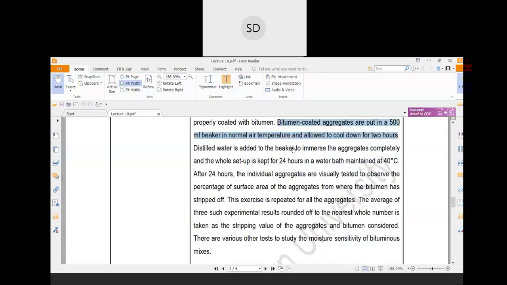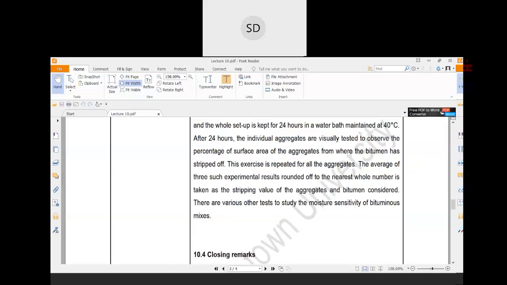After that, you put some distilled water over there and maintain a temperature of 40 degrees Celsius for 24 hours. After the 24 hours, you visually observe each aggregate to find any portion which is stripped off from the bitumen. So that is your stripping value test.